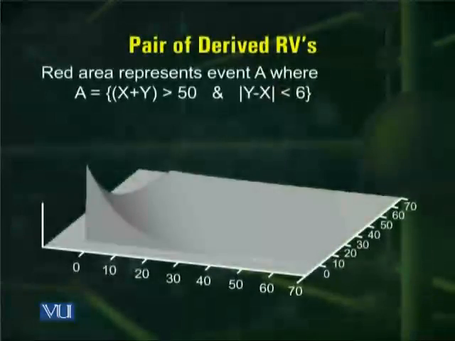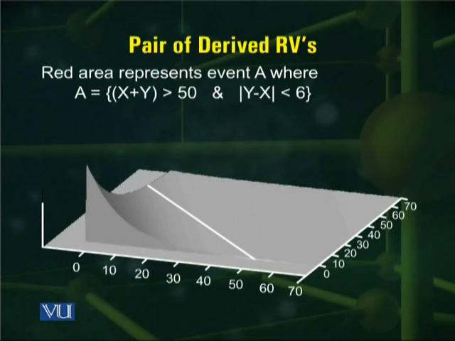On this first quadrant of the xy plane, you can see the partition. This partition is a diagonal line which partitions this sloping surface into two regions.